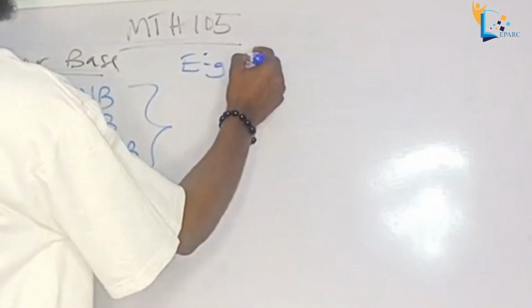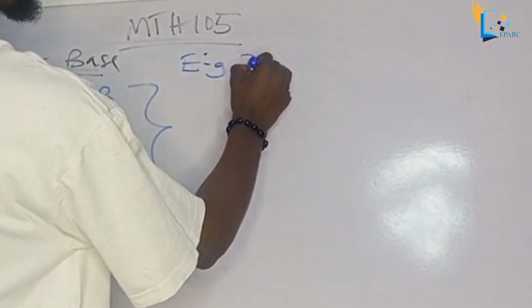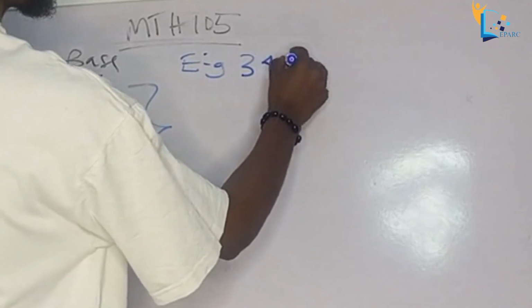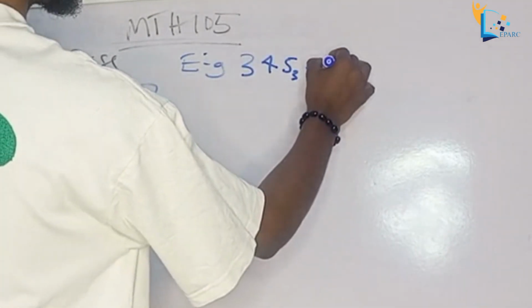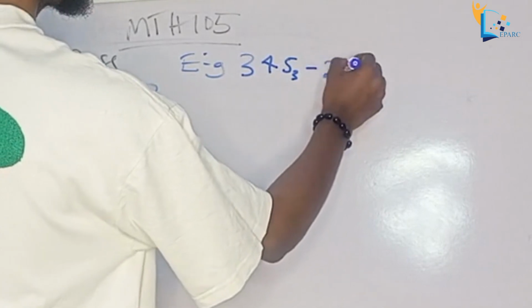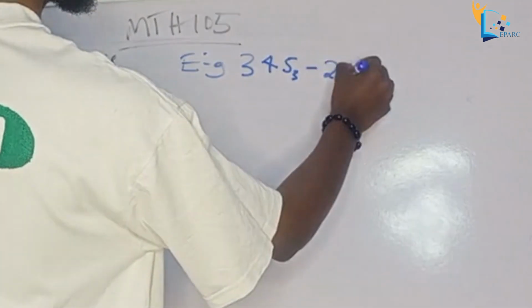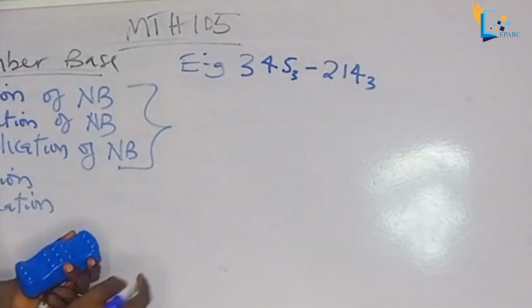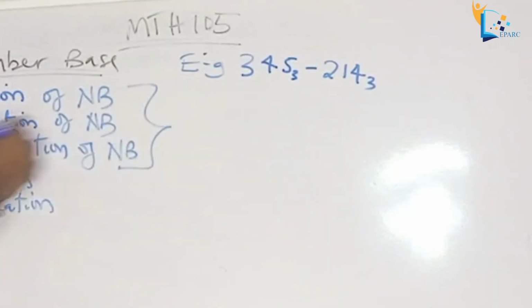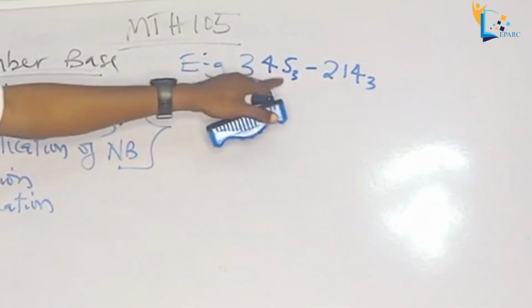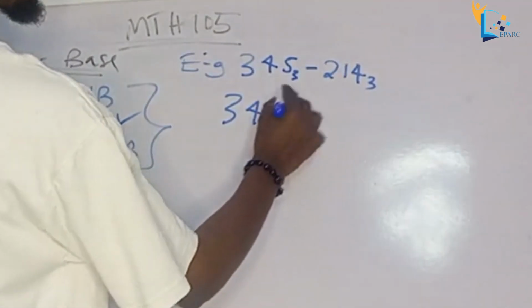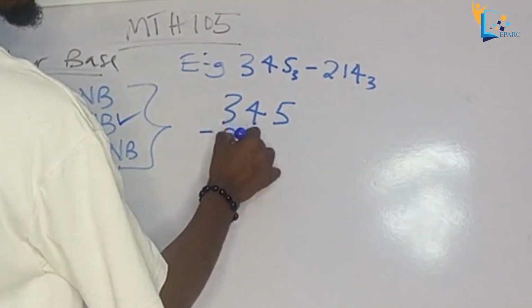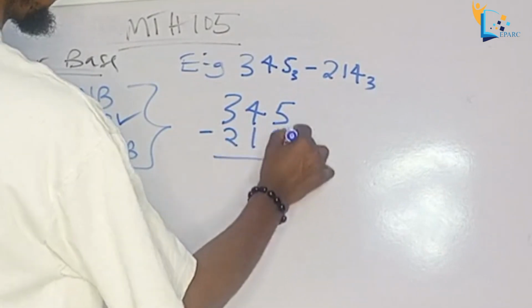Let's take, for instance, we have 345 base 3 minus 214 base 3. So let's solve this problem. We are dealing with subtraction of number base. So we have 345 minus 214, all in base 3.